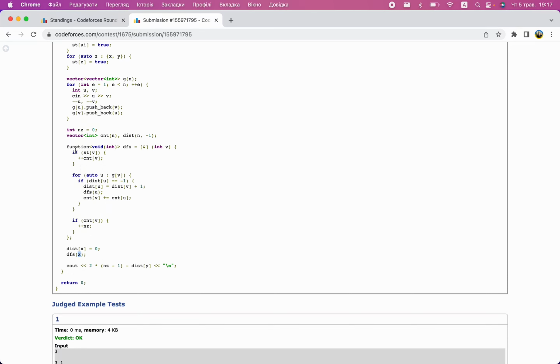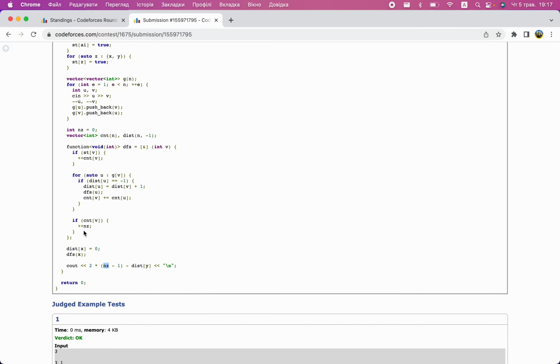So clearly the entire path also needs to be visited. So for all vertices in whose subtree we want to visit at least one vertex, and the subtree includes the vertex itself, this vertex also has to be visited. So clearly we need to visit all these non-zero vertices.